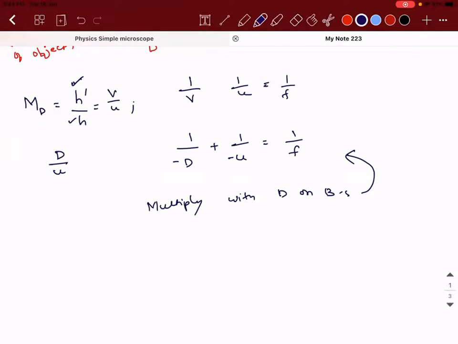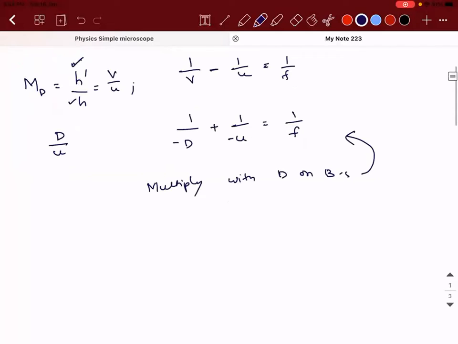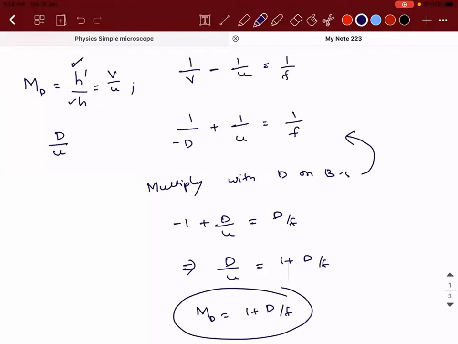Lens formula is 1 by V minus 1 by U. I wrote the mirror formula. Now it makes sense. Now multiplying with D on both the sides, minus 1 plus D by U is equal to D divided by F, which implies D by U is equal to 1 plus D by F. So magnifying power is equal to that. Rohan, now is it fine? Yes, sir. So this was a mistake. I wrote mirror formula instead of lens formula.